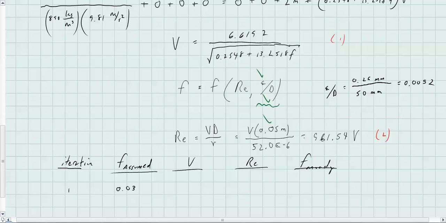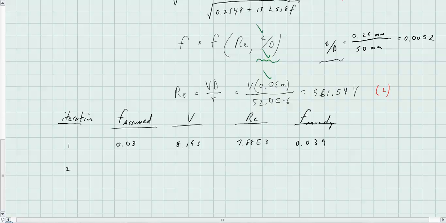We'll use equation 1 to calculate the velocity, and that will be 8.195. The Reynolds number is 788E3. And if you go to the Moody diagram, with this relative roughness, the lookup would be 0.039. And we sense that we're closing in on this problem, and we end up with a new guess.